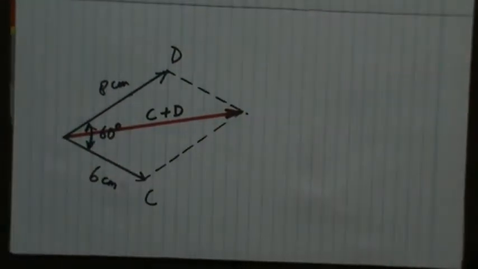Well, basically if you have two vectors here and you want to get the magnitude of the resultant, let's say you have vector A that has a magnitude small a, and then B, small b, and the angle between those vectors is, let's say, theta.